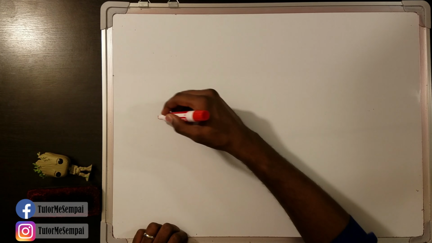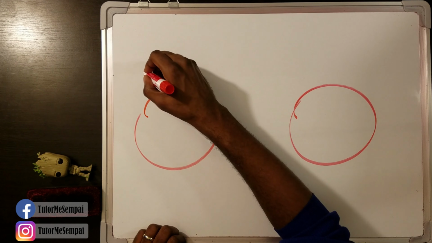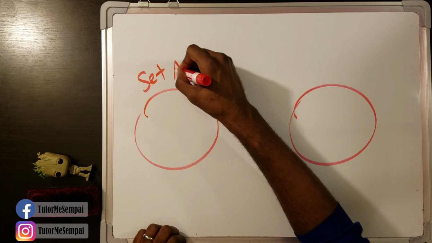So now that we've talked about what is an intersection and what is a union, we talked about the notation, let's talk about the Venn diagram. Now the Venn diagram is just going to be these circles here, right? And these circles are just representations of sets.